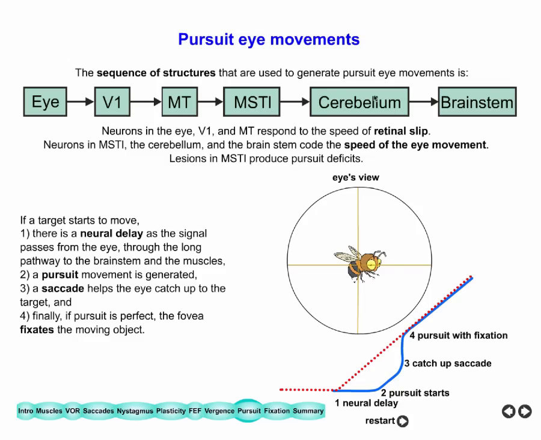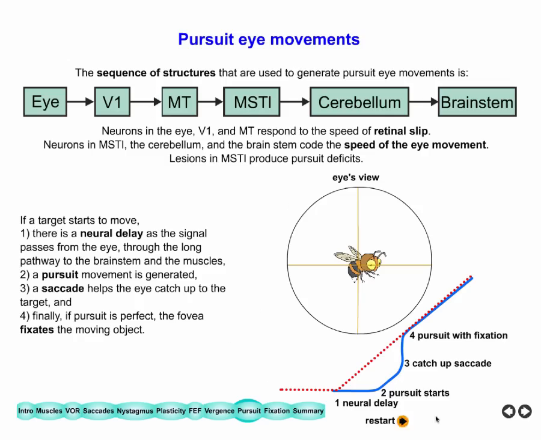From there on, the signal goes to the cerebellum and the brainstem. And from here on in, it's not sending out the retinal slip, but the speed of the eye movement the brain wants to make. So lesions of this structure will produce deficits in your smooth pursuit or anywhere else along this pathway.